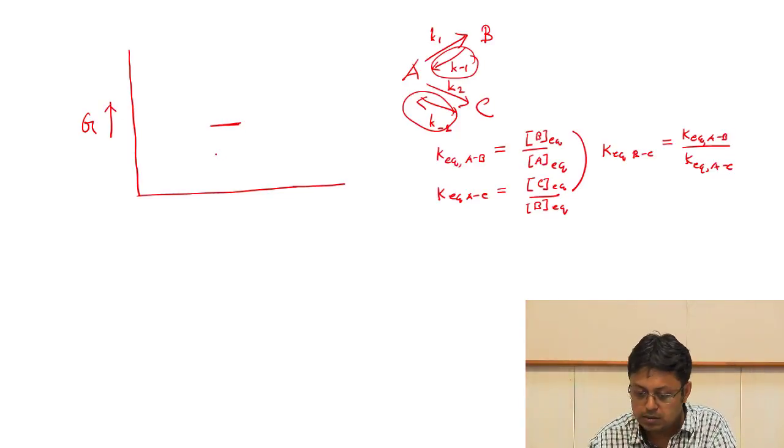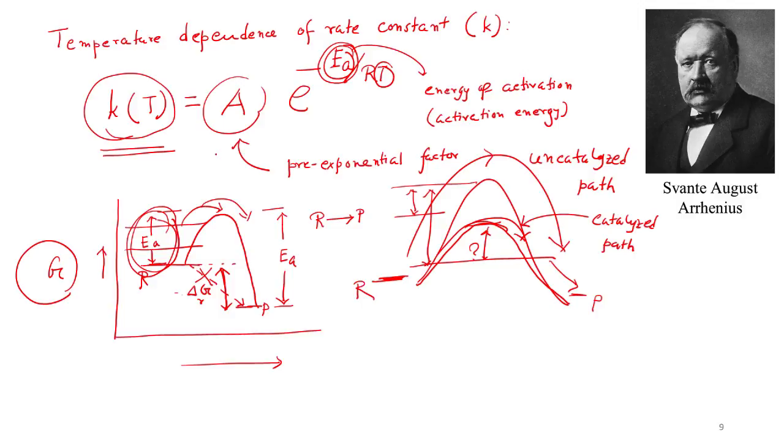By reaction coordinate we mean the progress of the reaction along some coordinate. Of course it's not very easy to define that coordinate, but let's not go into the details of what a particular reaction coordinate is.